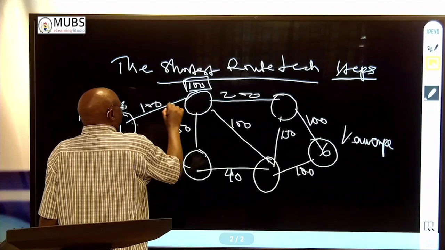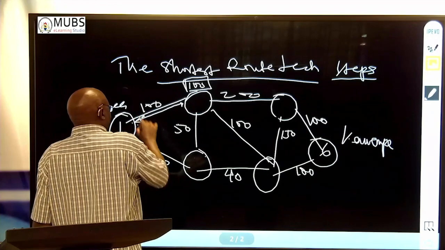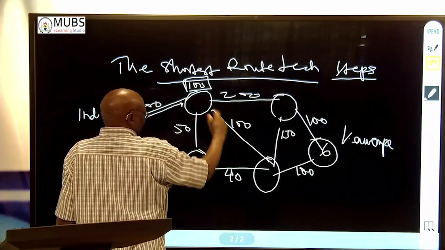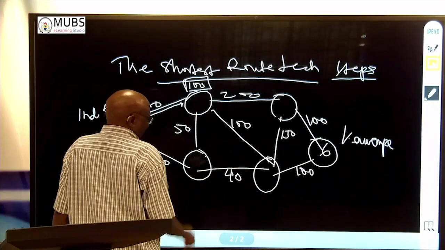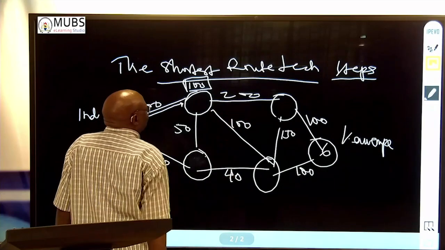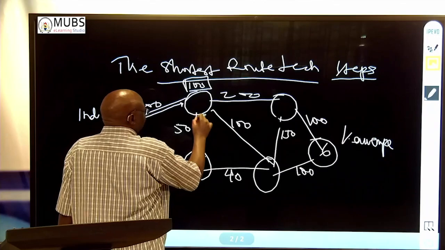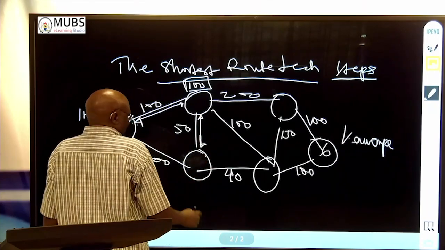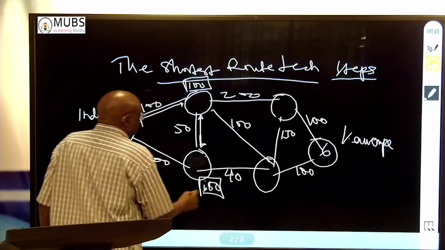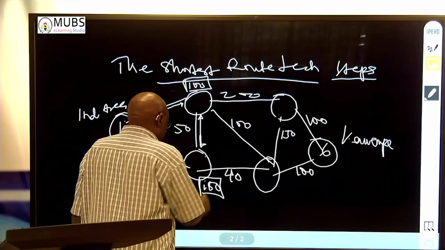We take this route. When we reach here, we're going to either proceed by 200 or by 100 or by 50. Of the three, which is the shortest? This is the nearest route, 50. So here we have added up to 150. When we add this to this, it is 150.